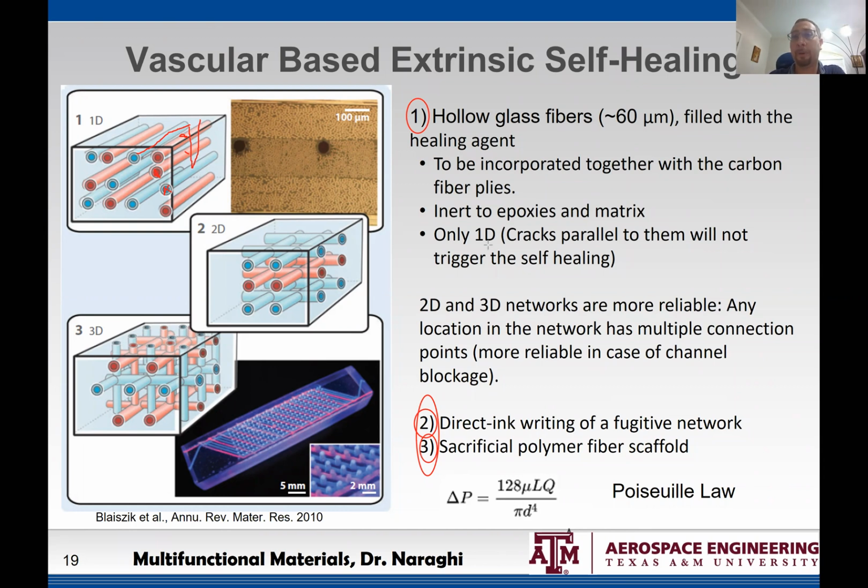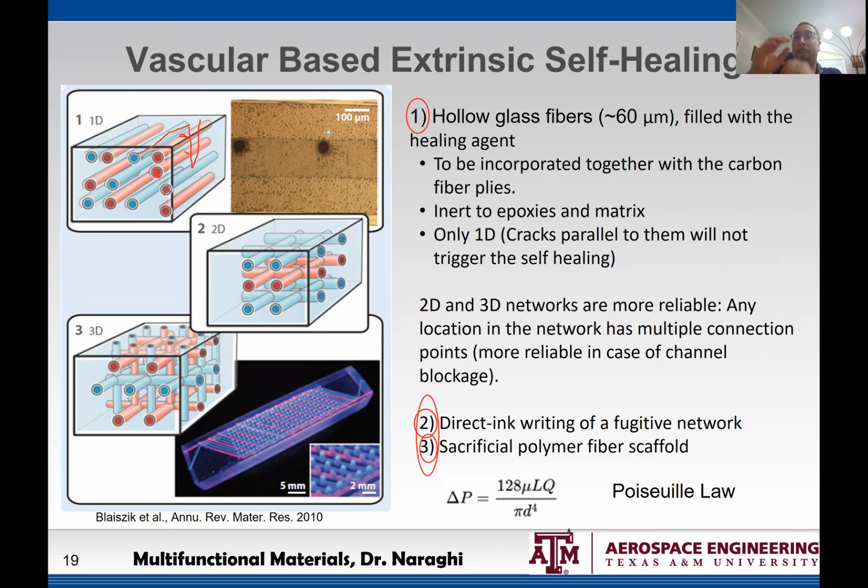The first one is where you literally put tubes inside your composite. This is exactly the way our sewer system works. You put tubes in the ground and liquid transfers through that.